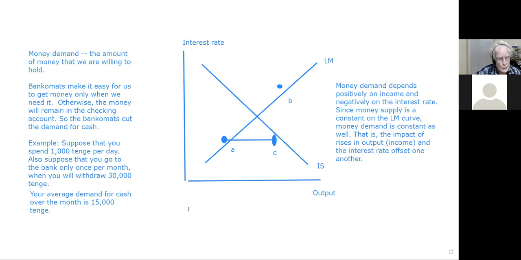So from A to C, money demand rises because people want to hold more money when they are rich, so they may be spending that money not today but tomorrow.